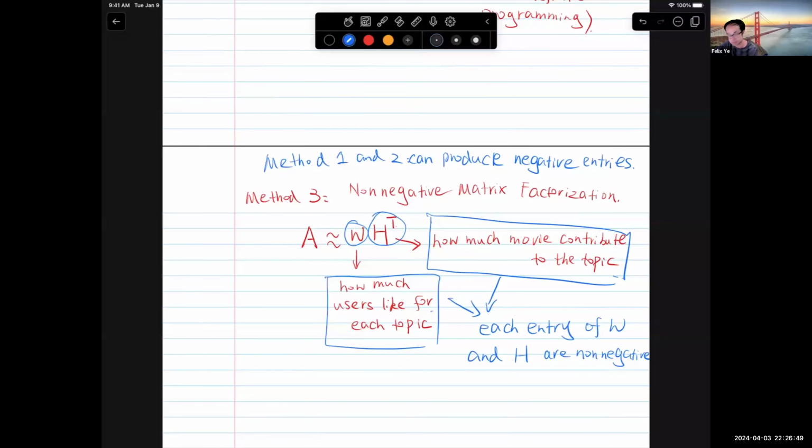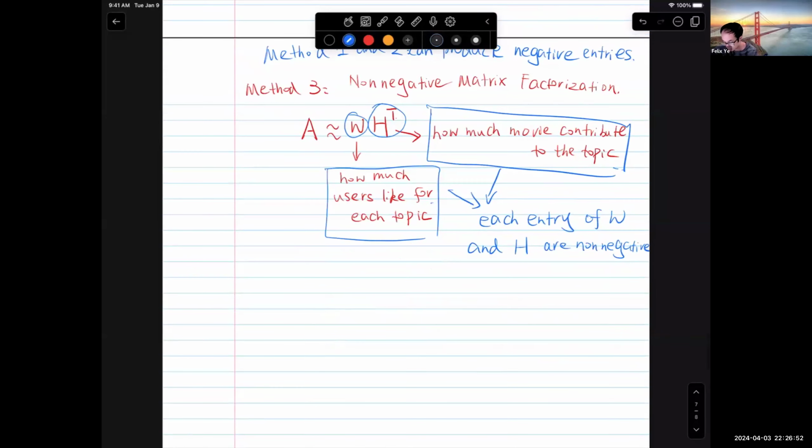So if you want each entry to be non-negative, I need to put this in as a constraint.